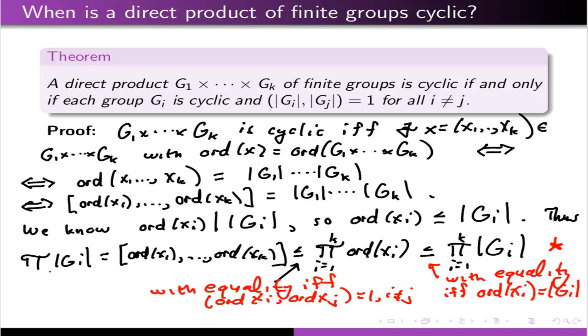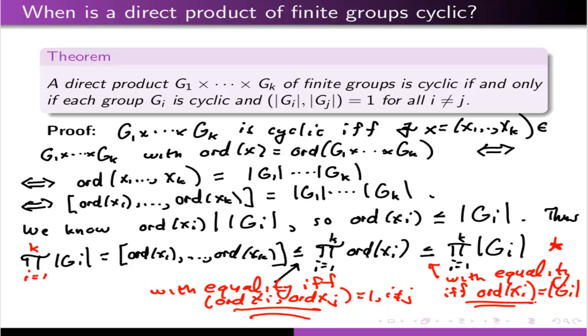On the left-hand side, I have the product of the group orders, and on the right-hand side, I have exactly the same value. Therefore, we must have equality throughout this entire equation right here, which means we must have both of these conditions right here and right here being satisfied.